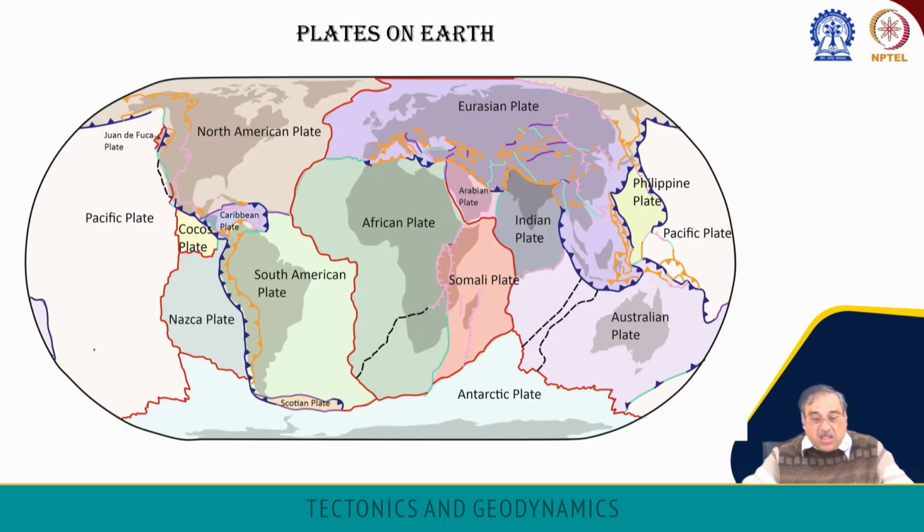So let's now go back once again to looking at these plates on Earth. What we'll do now is look at the northeastern part of the Pacific Ocean, the part that's here. The northeastern part of the Pacific Ocean is very important with respect to the evolution of the whole theory of plate tectonics, because it was one of the areas used by Dan McKenzie, together with Bob Parker and later on with Jason Morgan.